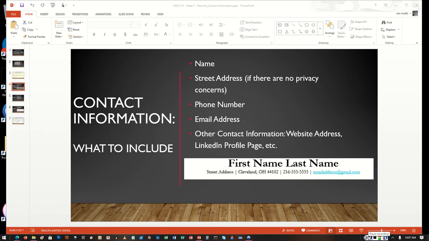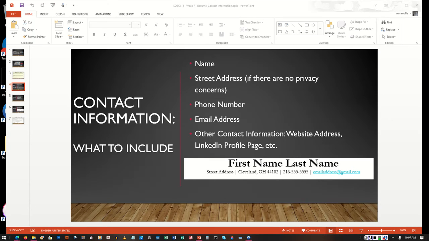Again, you want to keep in mind that the goal for having the contact information on your resume is for the employer or the opportunity that you're seeking, that they can get in touch with you if they want to schedule an interview or if they want to meet with you again.